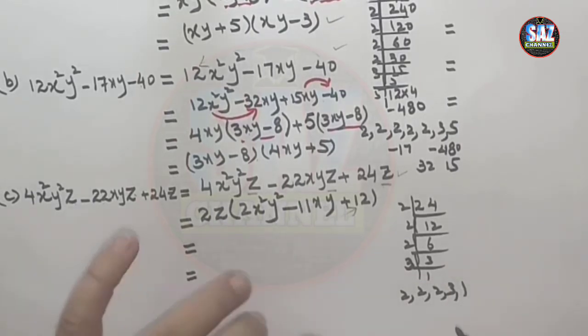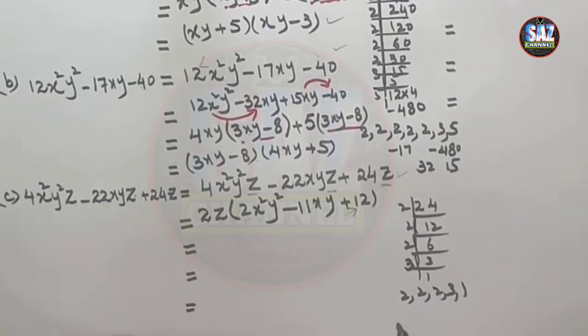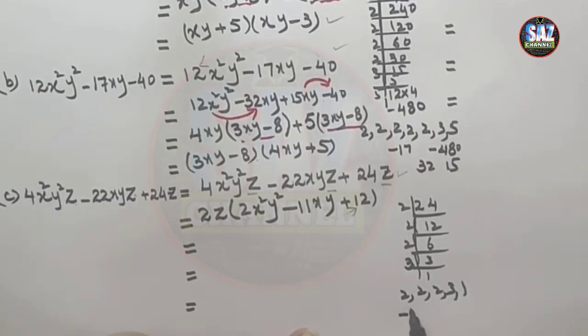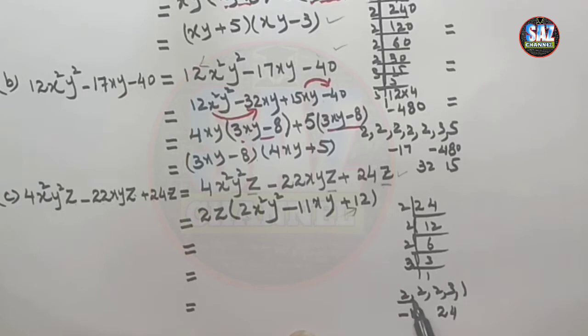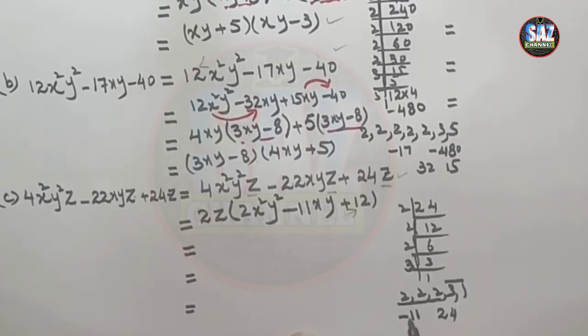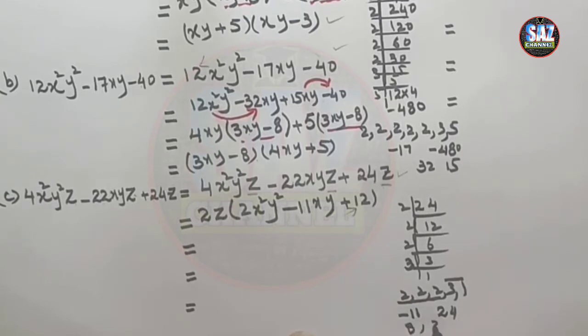Now from these factors, make just 2 numbers in this way that when you add or subtract you get minus 11, and when you multiply you get 24. If I take these 2s together and 3 and 1 together, the numbers will be 8 and 3. I hope this is the suitable choice.